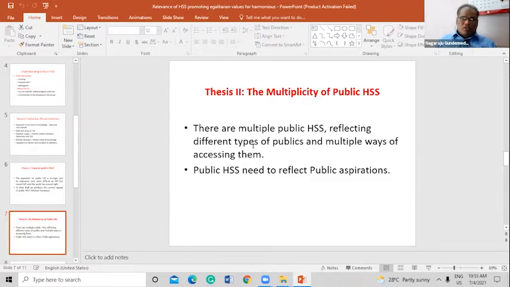So therefore, friends, the ultimate goal of the public humanities and social sciences needs to reflect the public aspirations of the people. As our sir was already hinting at that question in the context of democracy, the basic point is that we need to recognize what are the aspirations of the people, right?